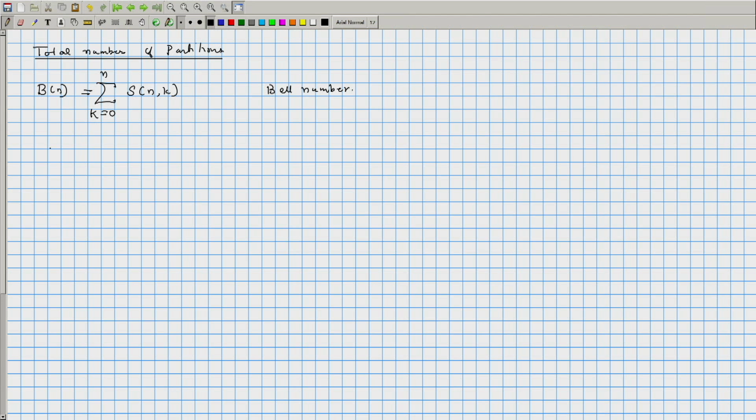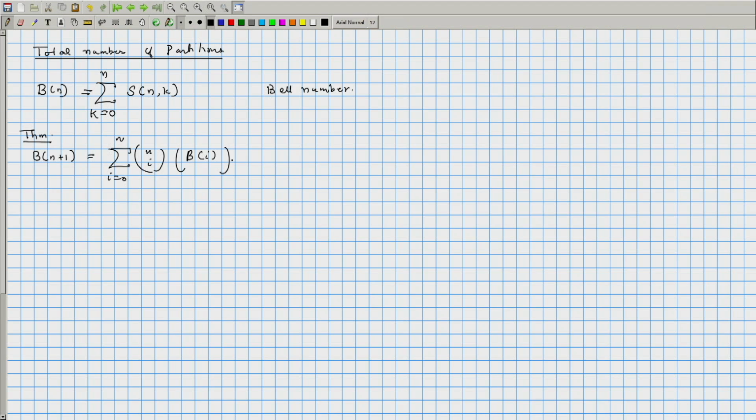The next thing on the agenda is to show that the Bell numbers satisfy the following identity. B(n+1) is nothing but the summation over I going from 0 to n of n choose I times Bi.